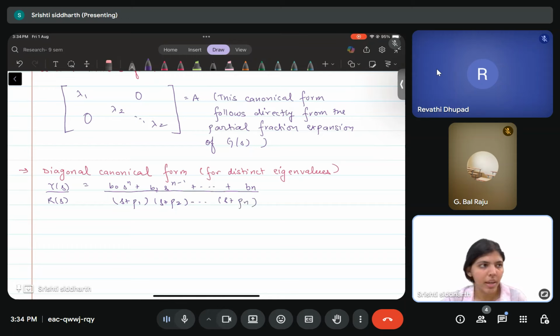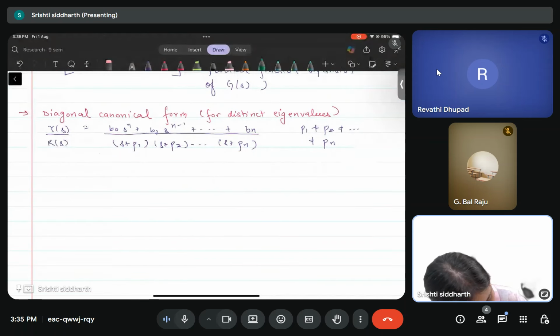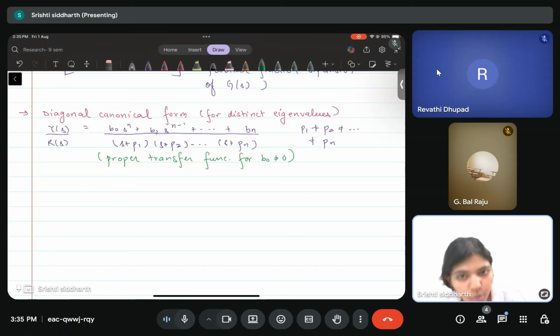So the distinct eigenvalues means the eigenvalues on which the numerator are equal. And also observe that this is a proper transfer function. b0 not equal to 0.